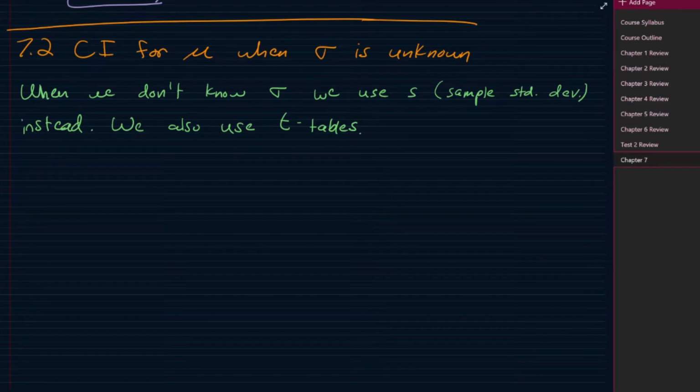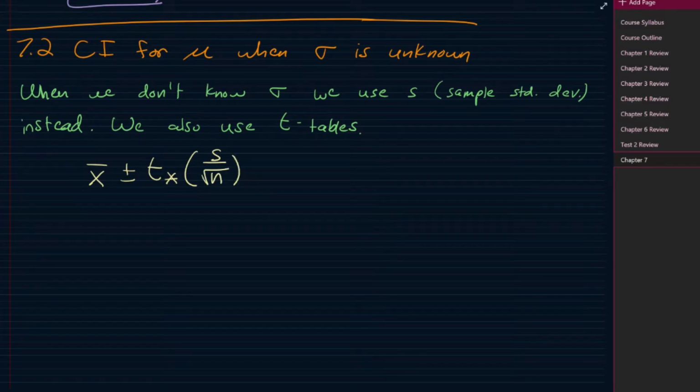And we're then going to get the formula. It ends up being x bar plus minus, I'm going to call it t star instead of z star. And then instead of sigma, remember we're replacing it with s, so it's s over square root of n.